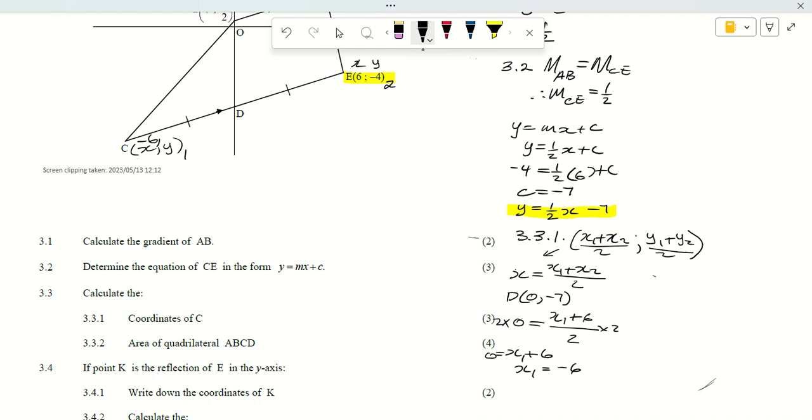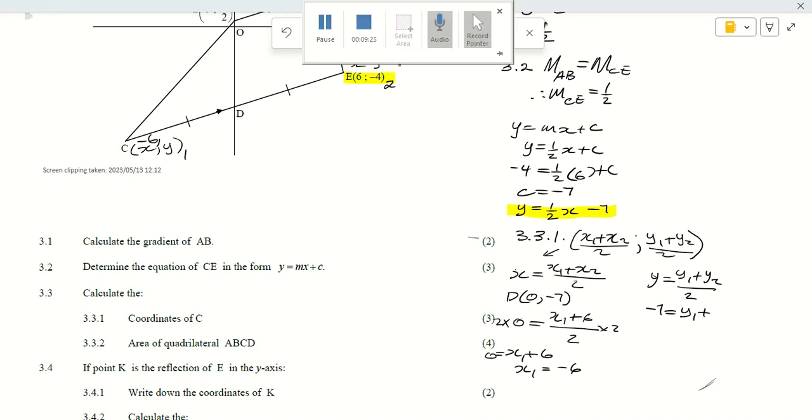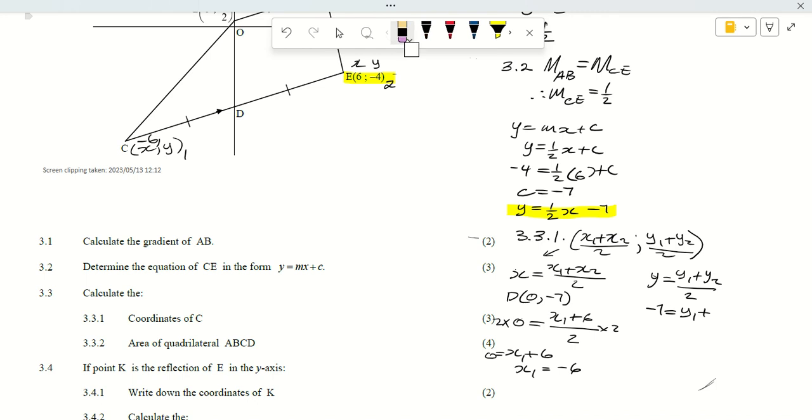Fine. Again, y of the midpoint is equal to y1 plus y2 over 2. Then now what is my y of the midpoint? My y of the midpoint, I have negative 7, is equal to y1 plus my y2, which is negative 4, over 2, which gives me negative 14 is equal to y1 minus 4.